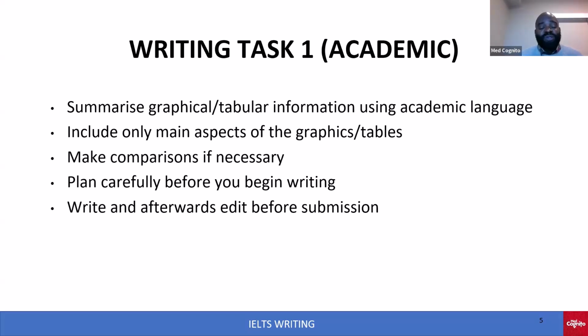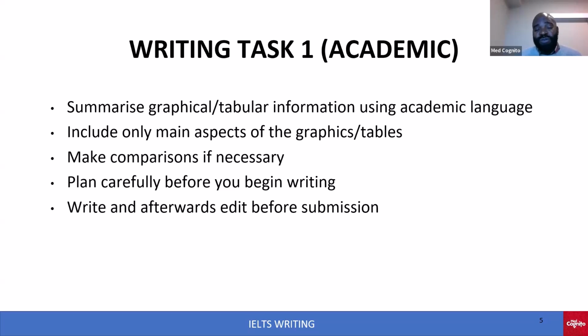You should be able to identify the main aspects of the graph or the table. If any individual is looking at it, what kind of information are they going to be looking for? Your task is to identify those and present them in a 150-word summary. It would really help if you plan carefully before you start writing, so that you know exactly what you plan to write and what kind of comparisons you want to make.